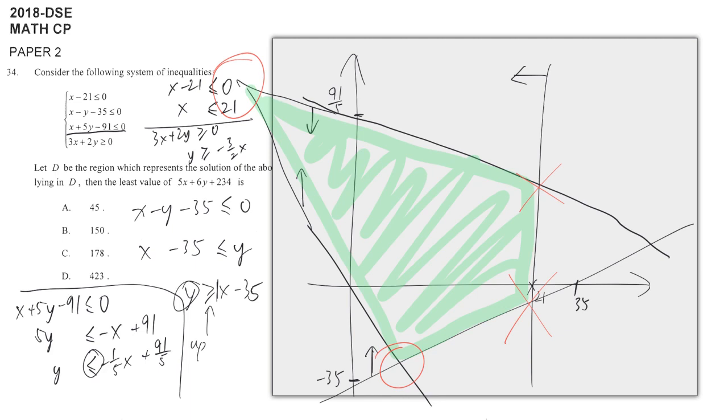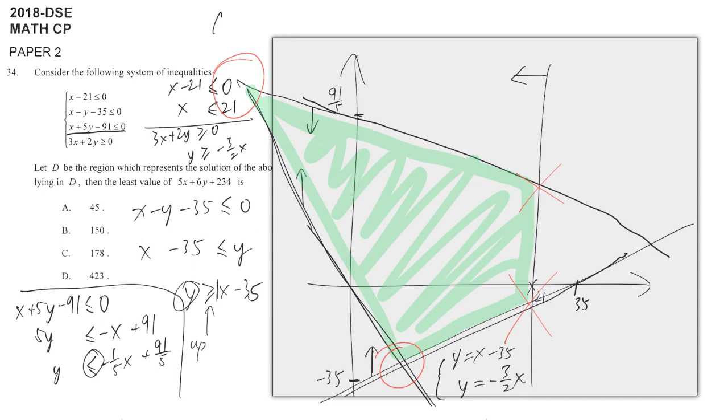If you remember which line we are talking about, this line is y equal to x minus 35. And this line, the last one, is y equal to negative 3 over 2 x.